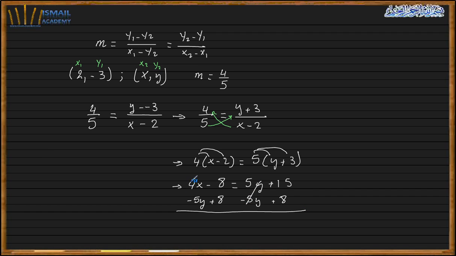So this cancels out, this stays as it is. So 4x minus 5y, this cancels out, equal 15 plus 8, which is 23. And this is the standard form of the line.